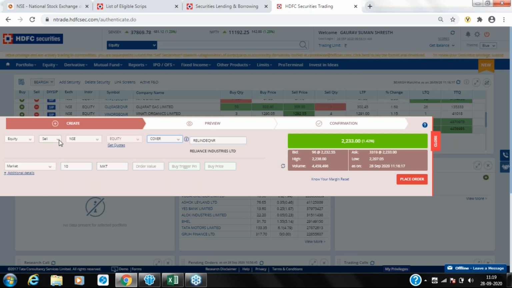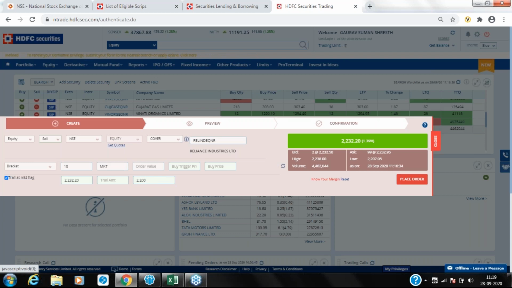Again, you have to open a sell order, select cover order from the order type, and in market and bracket, select bracket. In book profit price, since you are short selling the stock, the target will be lower. So I'm entering 2200 as the target. 10 quantity I am short selling.